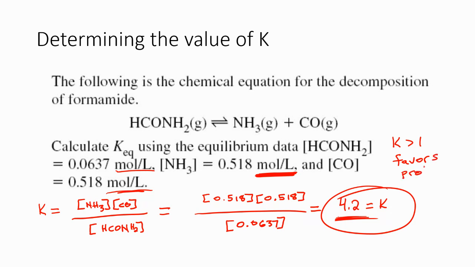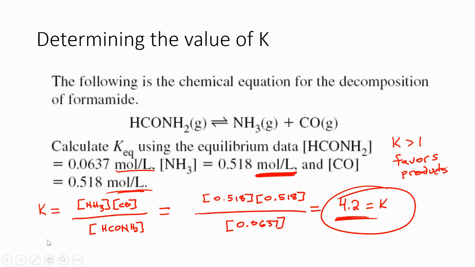To say that the reaction favors products just means essentially that we have more products than we have reactants when we reach equilibrium. If it were less than 1, then that would imply that we have more reactants than we do products.